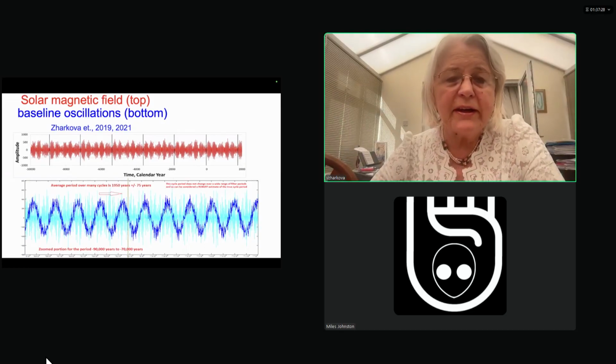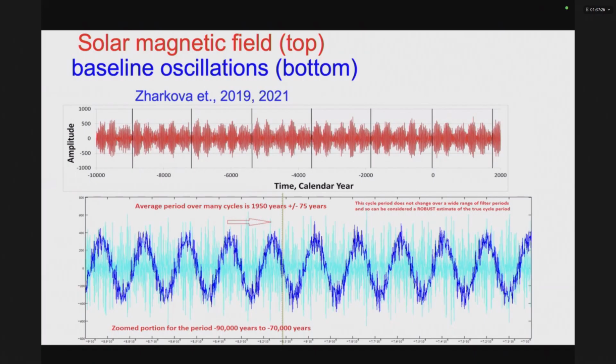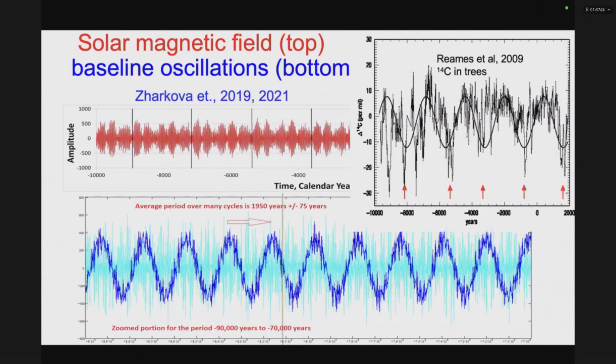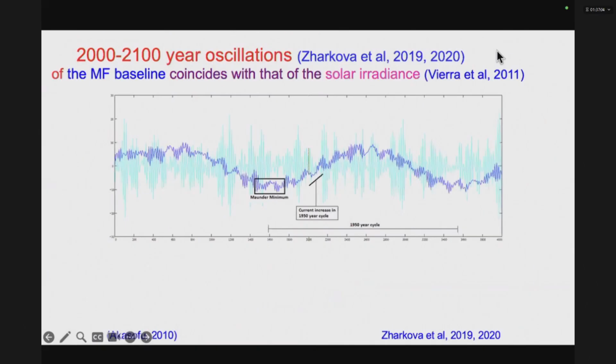Here the shape is very precise, with a period of about 2,100 years. And then we looked at the observations of solar radiance in the isotope C14, and we discovered, oh yes, they also report this period of about 2,000 to 2,200 years in the trees, Reams et al., 2009.